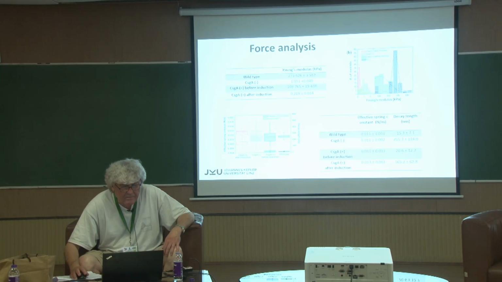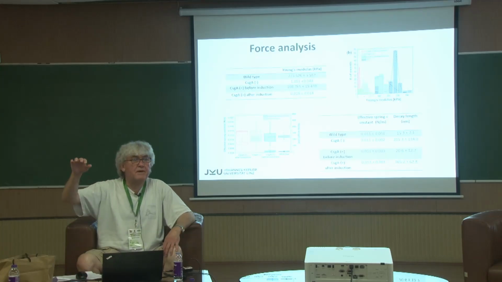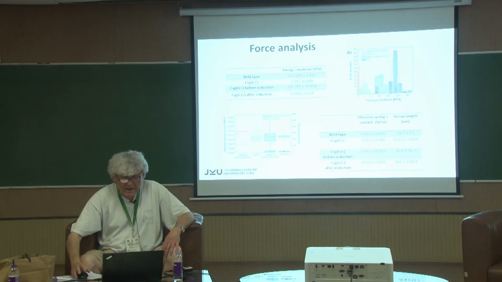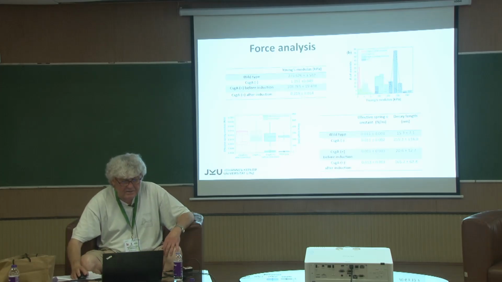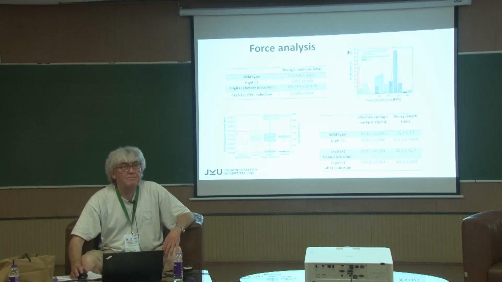The wild type and CSGA before induction is similar, right? Yeah, and where it's lower is after induction, and this is because of the curly formation. And what happens with the knockout mutant, it of course does not form curly, but it forms flagellum. But why is it initially so high?